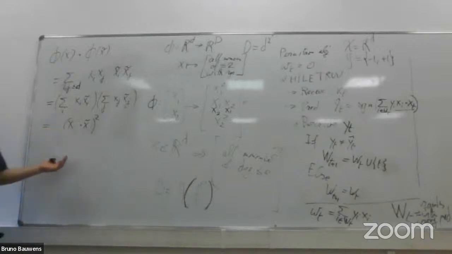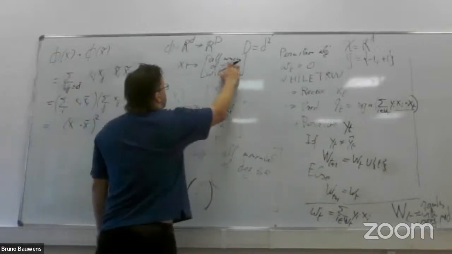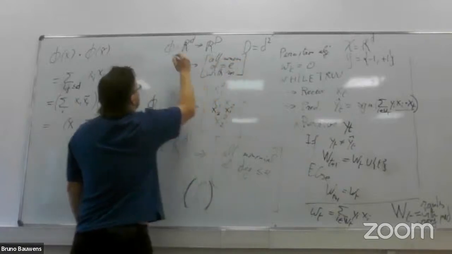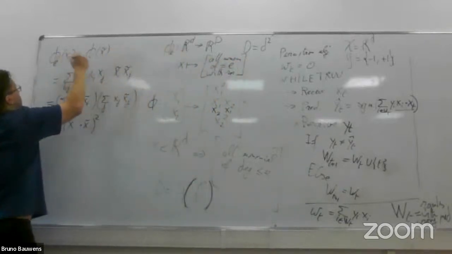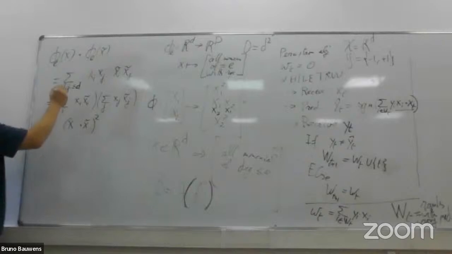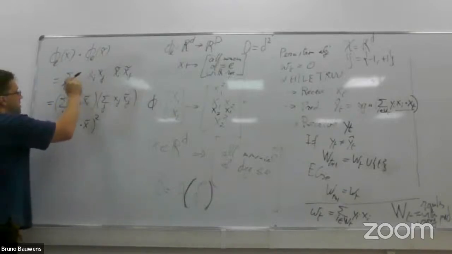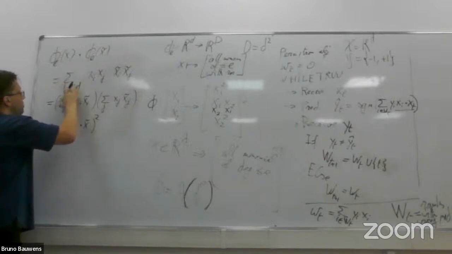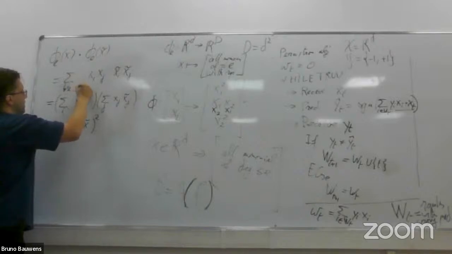We can also do it for any degree e. So we will have more sums here, so we will have more indices, i_1, i_2, and so on, i_e smaller than d.